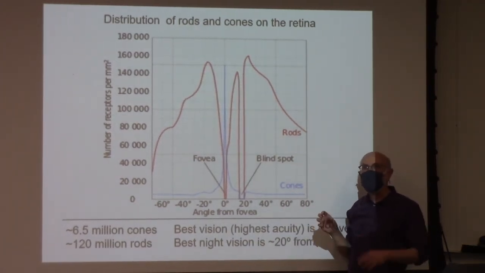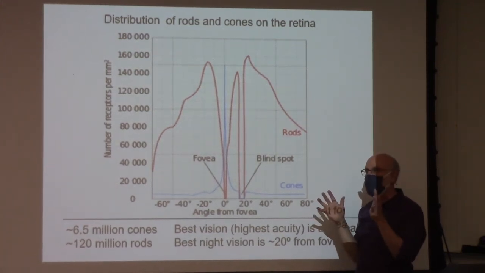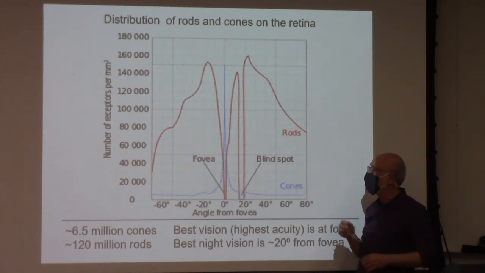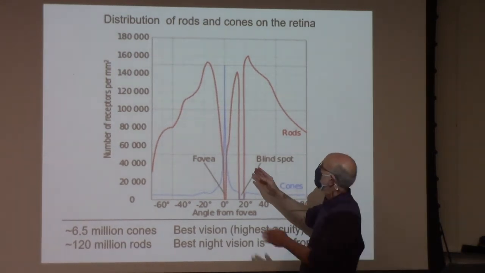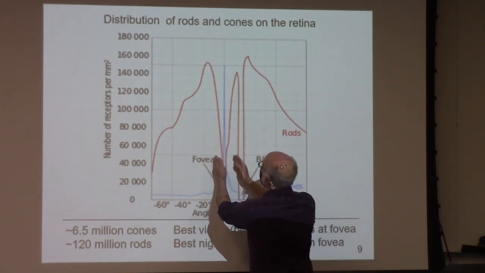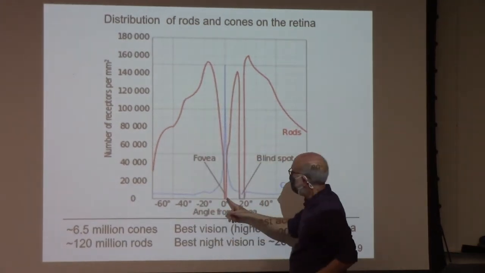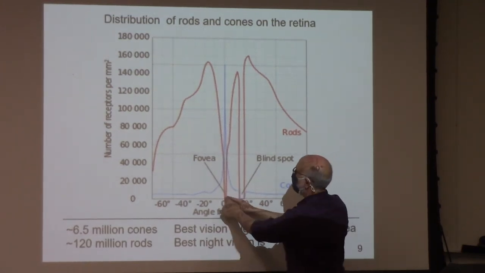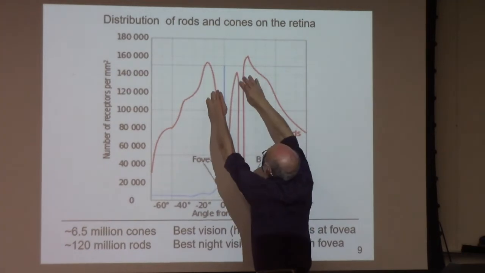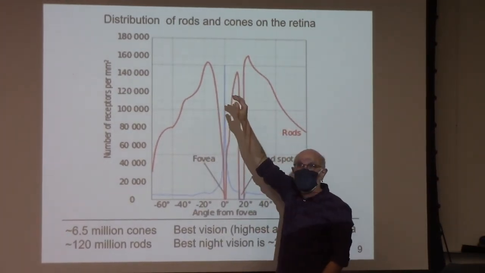The fovea is where most of our cones are expressed. Outside of the fovea, even just a few degrees, just a few microns away from the fovea, so we're moving away from the fovea, that's where we have a large number of rods.